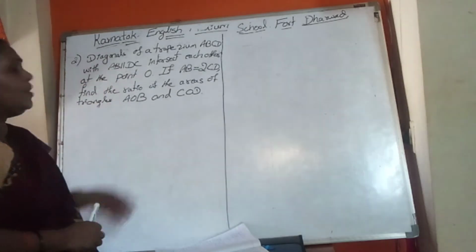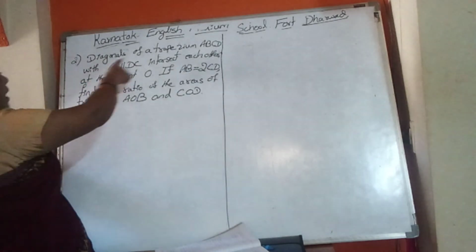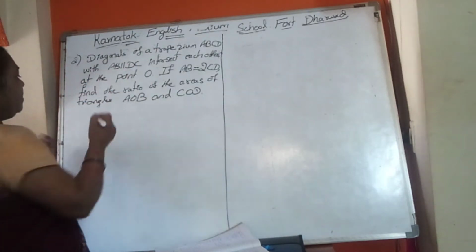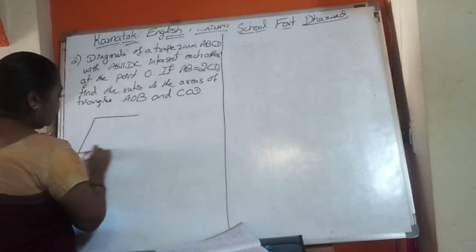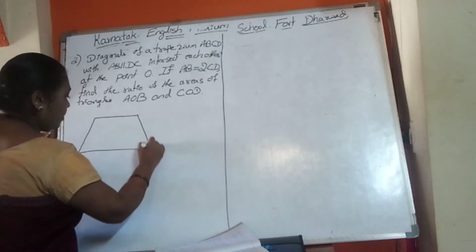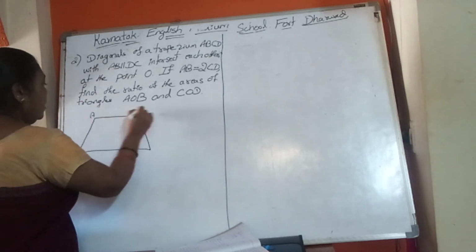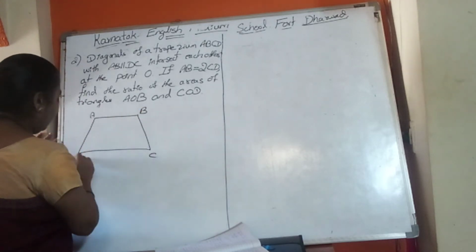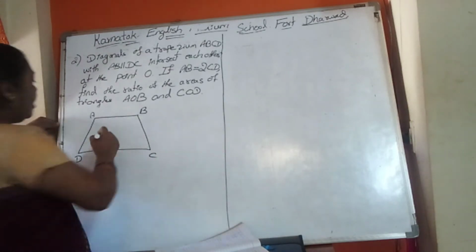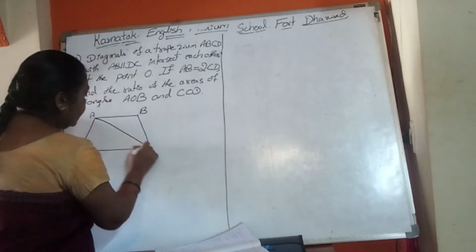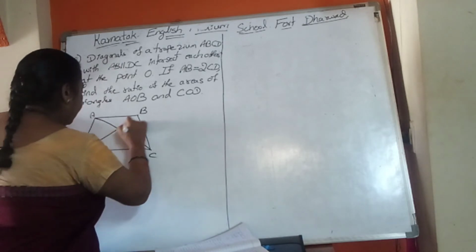See what they are given. The diagonals of a trapezium ABCD. You draw one trapezium. ABCD is a trapezium. Diagonals means AC and BD.